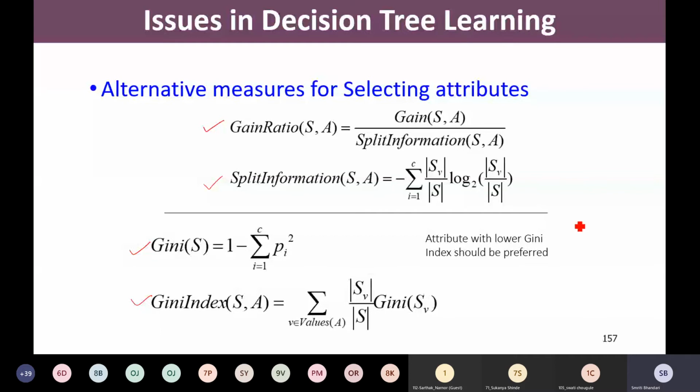So it is possible for us to select whichever kind of parameter we would like to make use of for selecting the attribute as the decision node. So this is only for your information. Instead of gain that we have used in ID3 algorithm, we may use gain ratio, or we may use this Gini index.